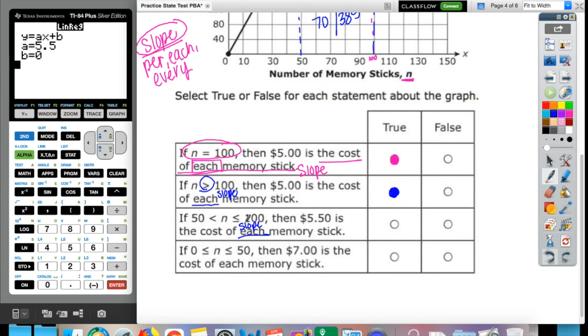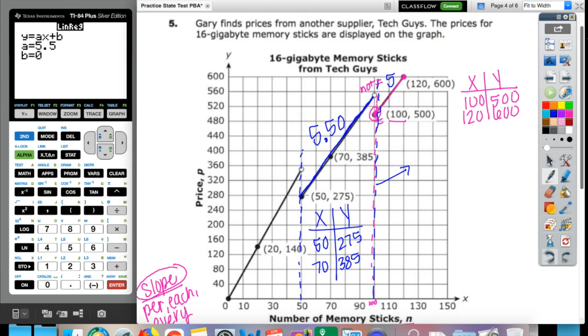So is this true? Is between 50 and 100, is the slope $5.50 for the cost of each memory stick? Yes and no. There is a reason this one is false, and it has nothing to do with the slope. The slope was right. It is $5.50. However, if we look at that 50 to 100, 50 is less than and 100 is less than or equal to. But what did my graph have?